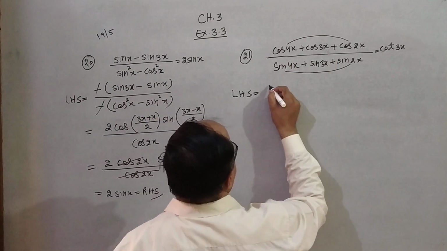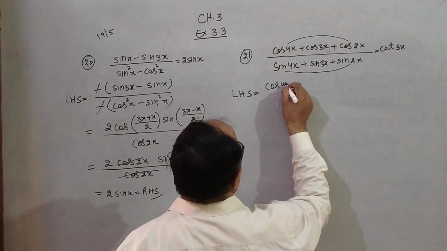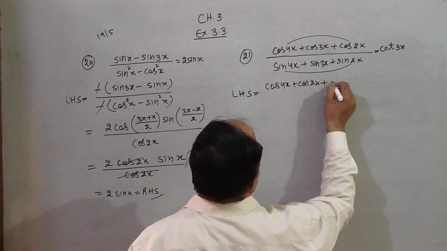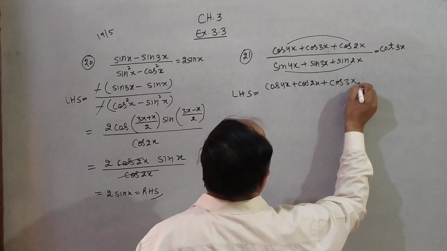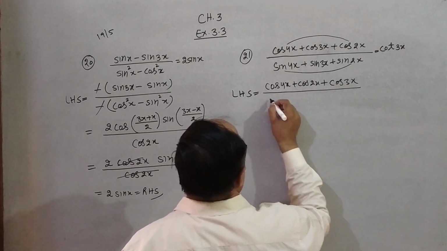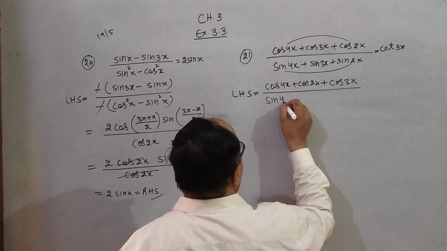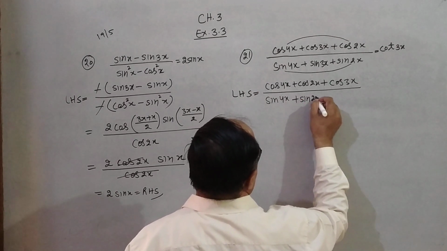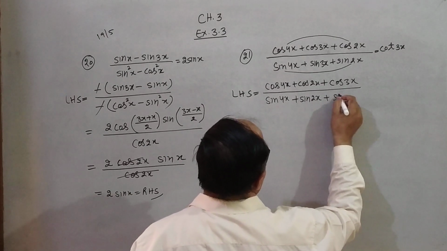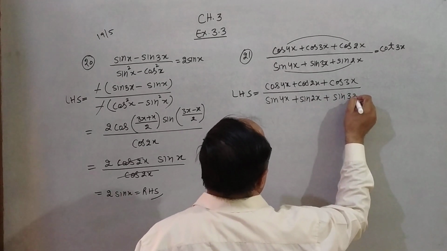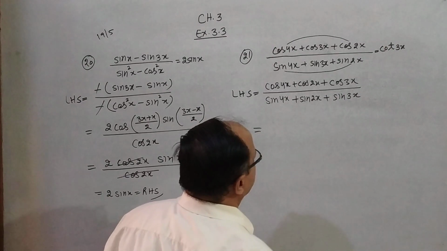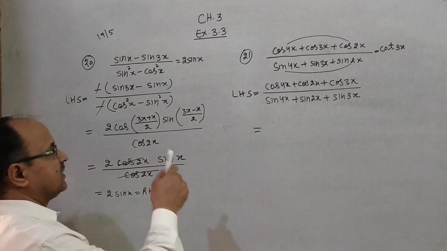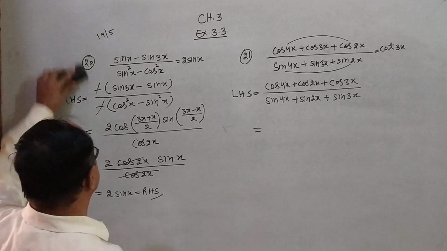Now we arrange the terms. Here cos 4x plus cos 2x plus cos 3x, in the denominator sin 4x plus sin 2x plus sin 3x. Now apply the formula cos x plus cos y.